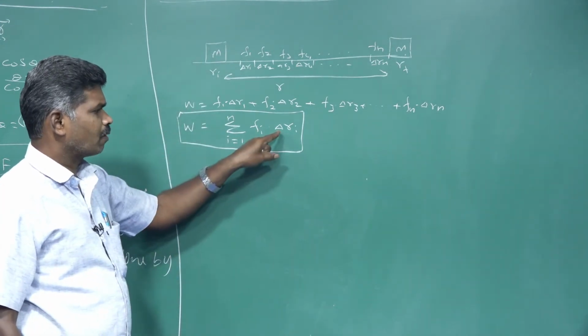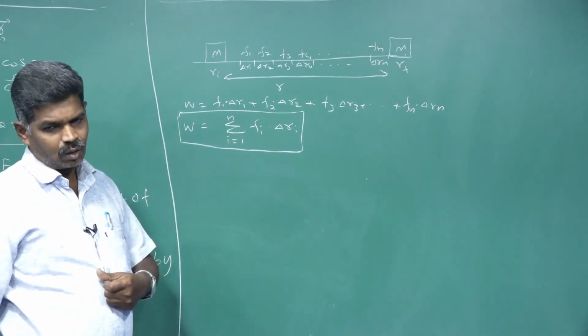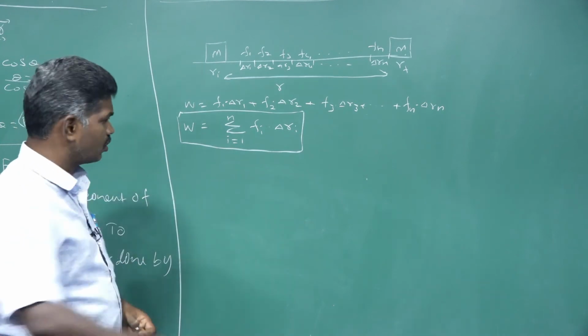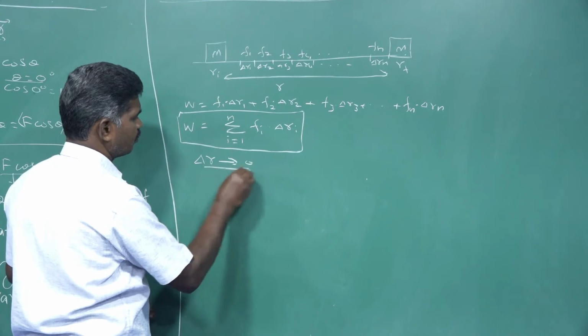These del Ri values are taken as almost equal to 0.